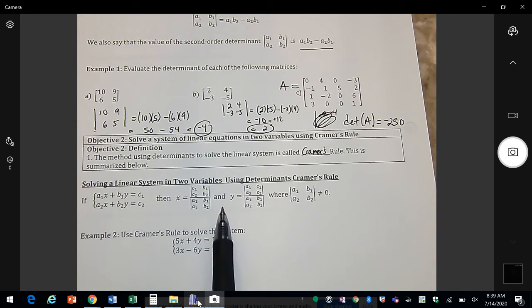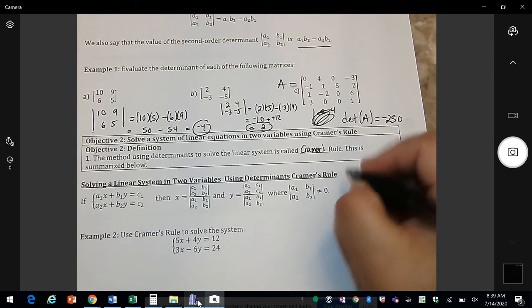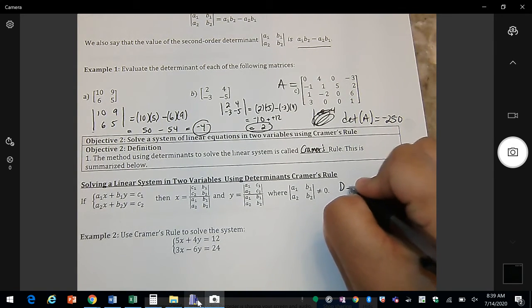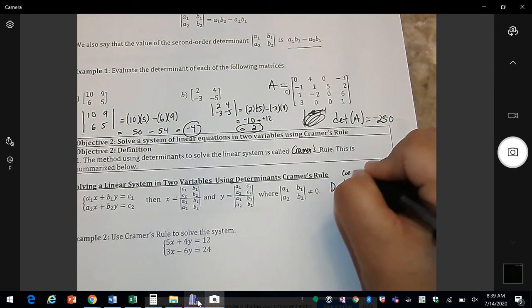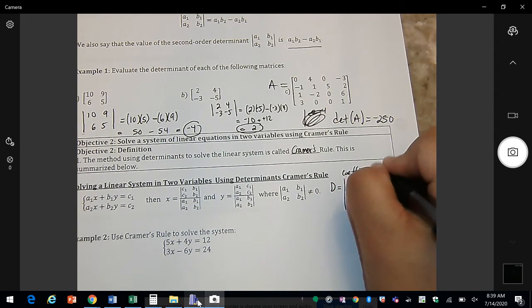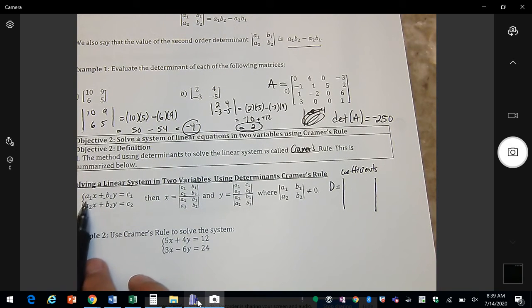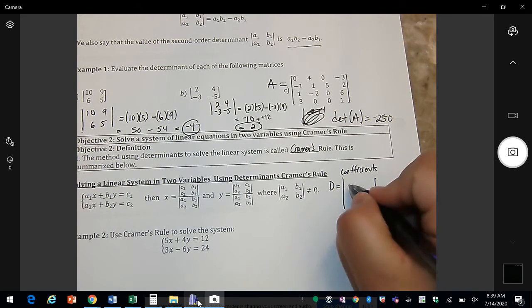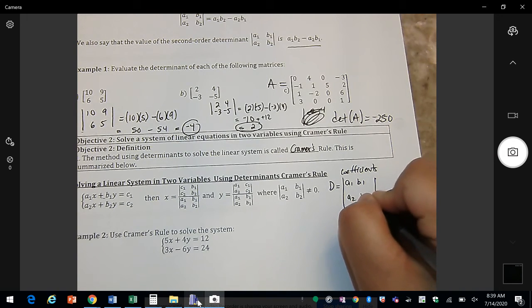To break it down a little further, we can come up with three different determinants. The first determinant is the determinant of the coefficients. Basically we get a matrix made up of coefficients, in this case a1, b1, a2, b2.